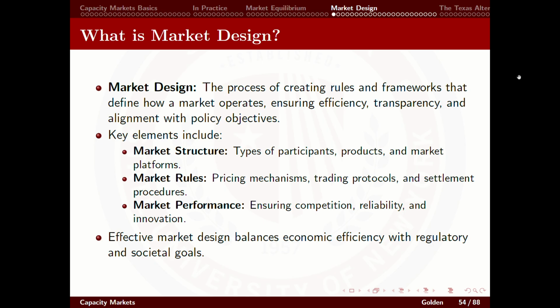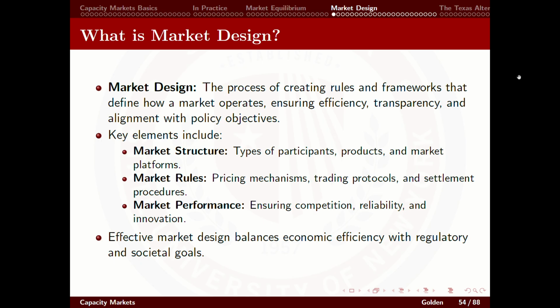My name is Dana Golden, and today we're going to continue with our look at capacity markets with a take on capacity market design. So what is market design? It's something a lot of the people in this department and a lot of microeconomists are very interested in. It's the process of creating rules and frameworks that define how a market operates, ensuring efficiency, transparency, and alignment with policy objectives.